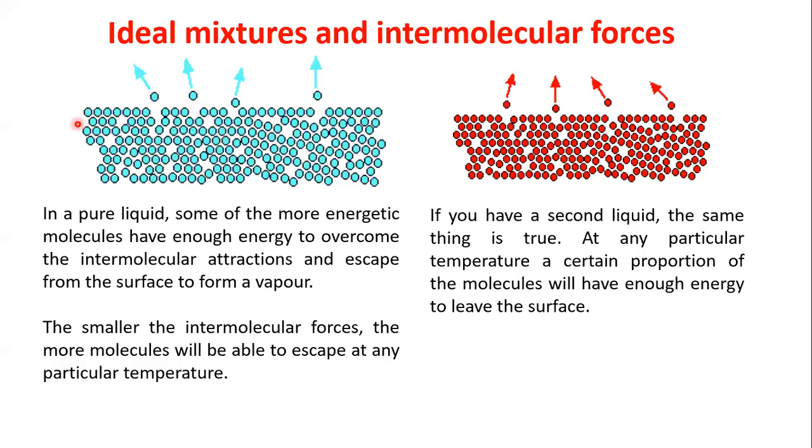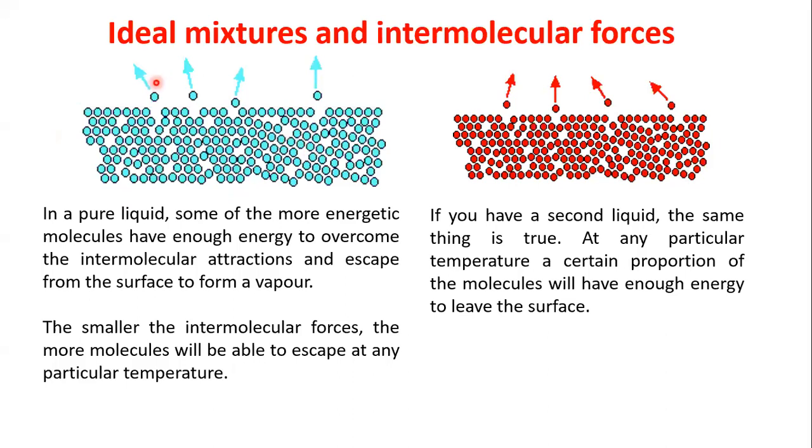In this particular example, which is hypothetical, we are assuming that at a particular temperature and time, about 4 of these blue molecules escape. So it means that the intermolecular forces of those escaping molecules have been broken.